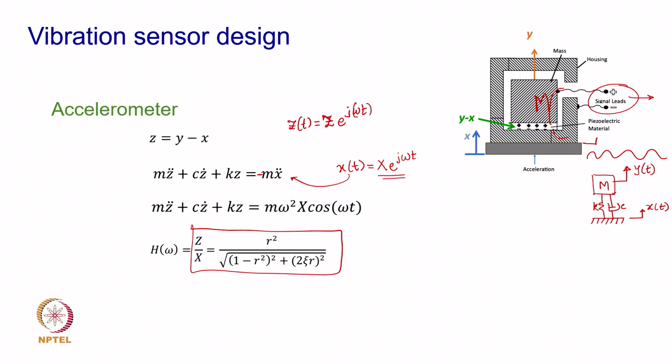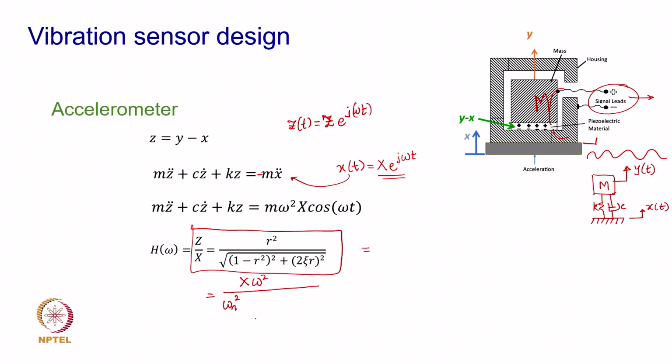Now, the thing here is that we substitute for r square. So, what we say is that I can rewrite the same equation on the right-hand side as capital X. What is r square? It is omega by omega n, isn't it?